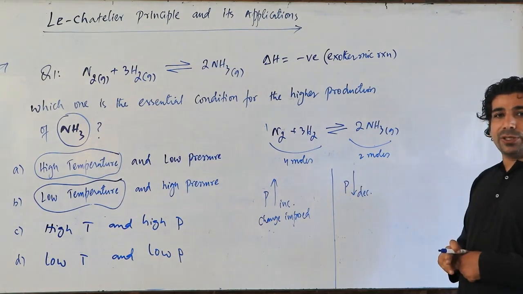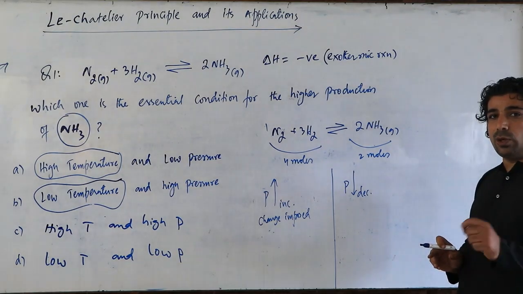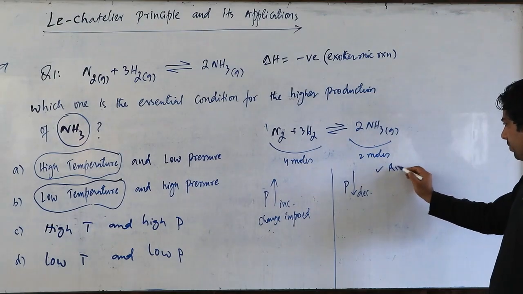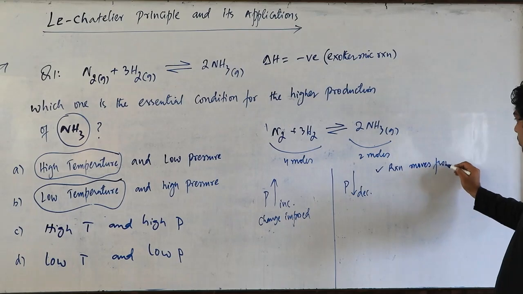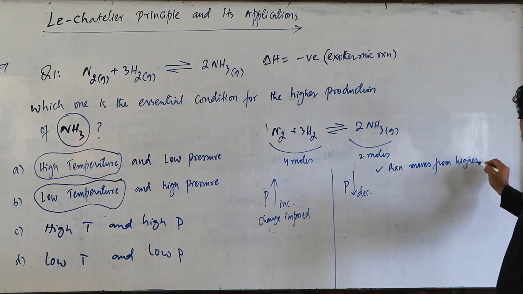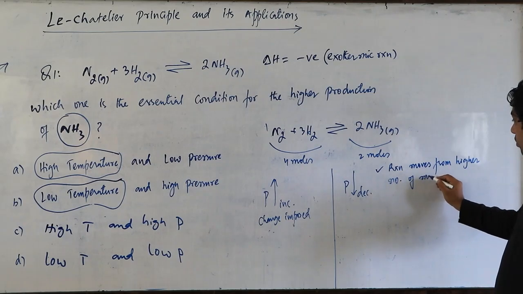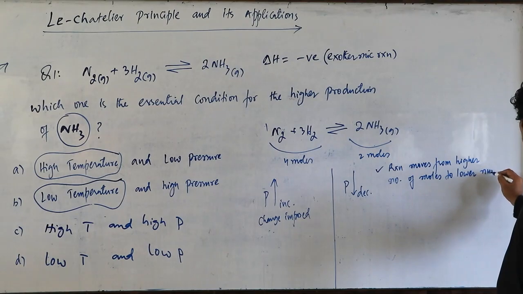How to decrease the pressure? I told you last time that when you are going from a higher number of moles to a lower number of moles, the reaction moves from higher number of moles to lower number of moles.